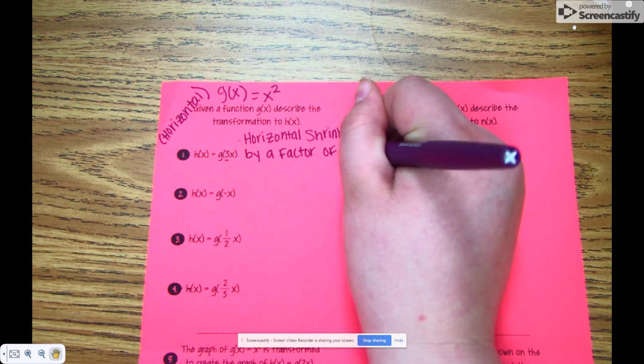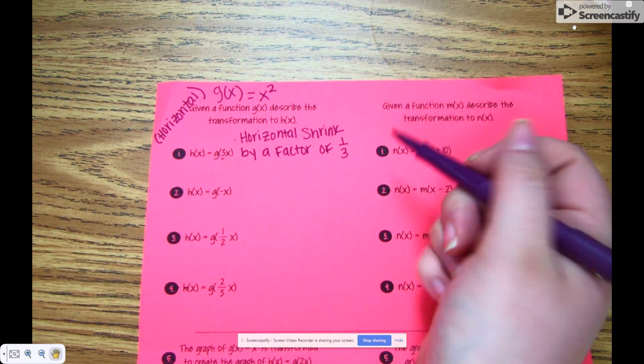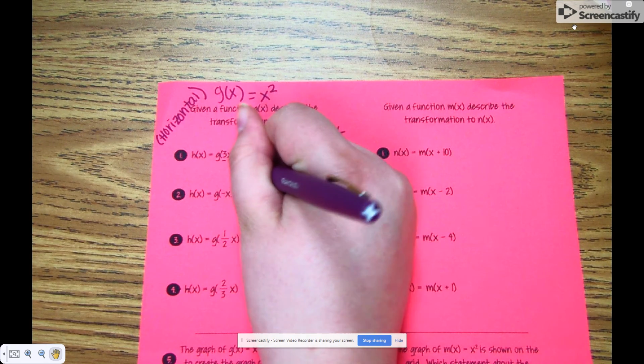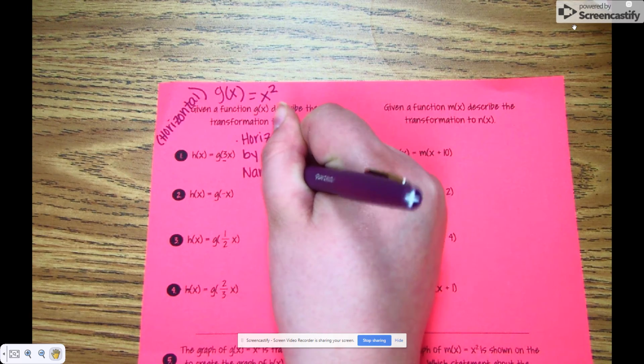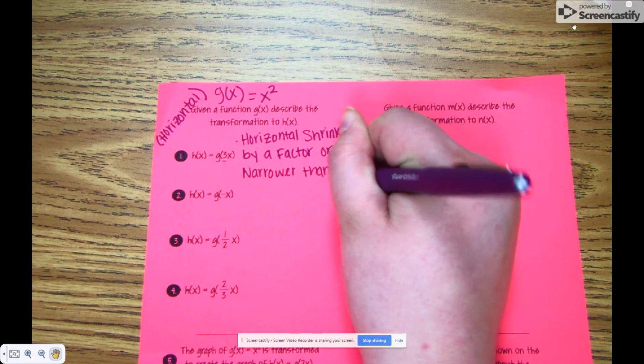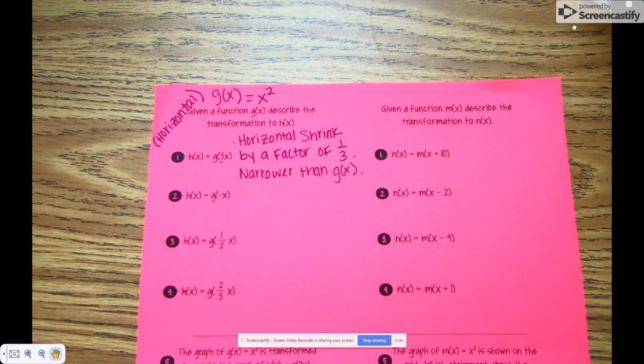It's 1/3. We have to change it to a fraction. It's actually taking the reciprocal. So it's by a factor of 1/3. And we said earlier that this is going to make it narrower than g of x.